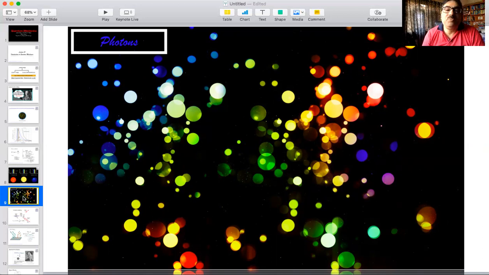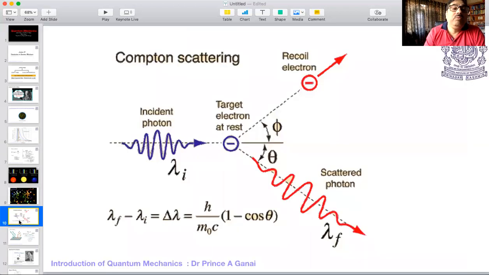Now, are there any other experiments that back up this theory? Now we come to a very, very interesting experiment. It's called Compton scattering. The understanding of this experiment is again based on our concept that light behaves like particles, not like waves.